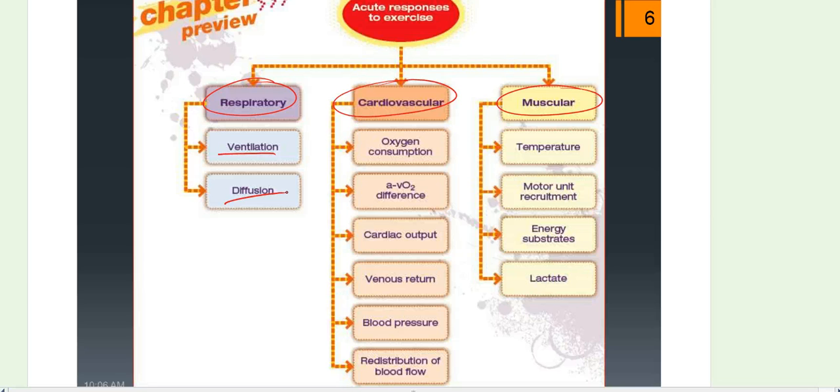From a cardiovascular perspective, oxygen consumption will increase. Now, oxygen consumption here refers to oxygen being used for energy production.